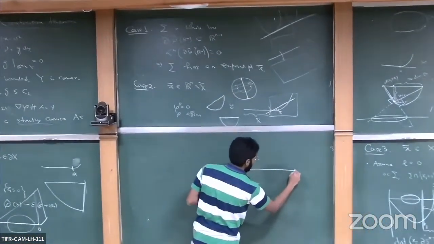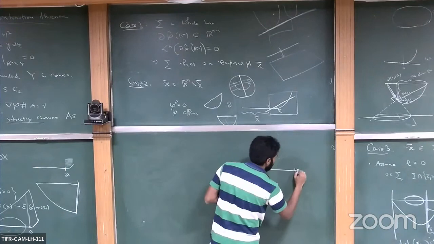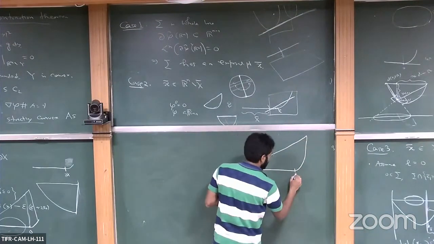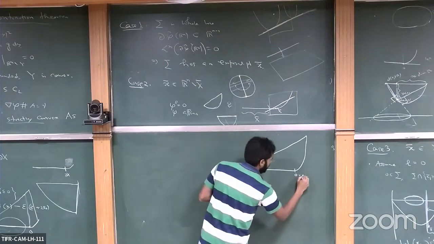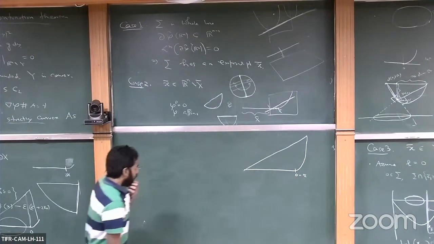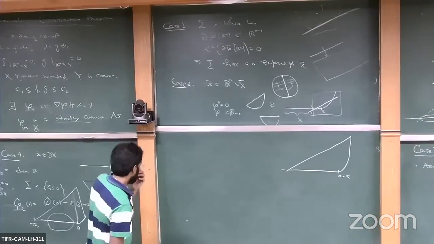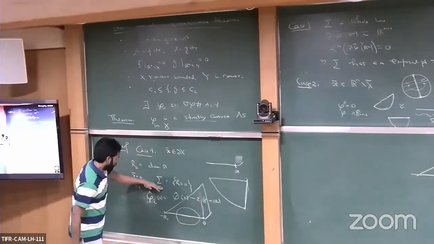So this is your 0, and you lift it sufficiently up. So this is 0, which is our extreme point x bar. Okay, and so let us look at this portion of the boundary. Now sigma.